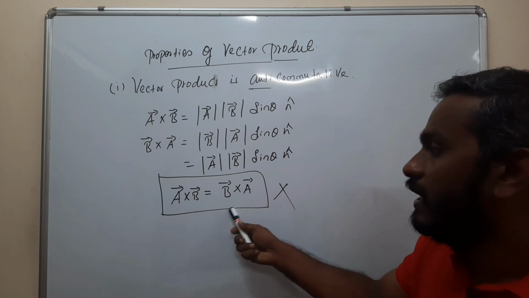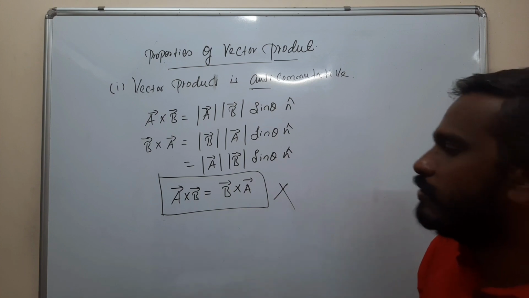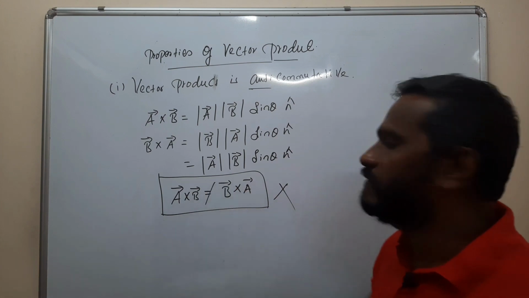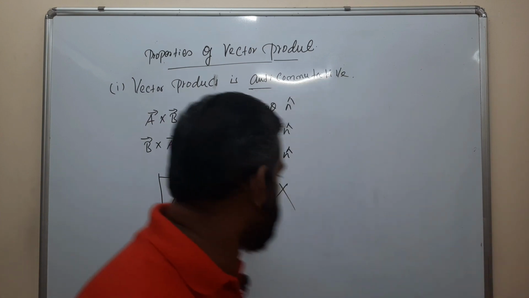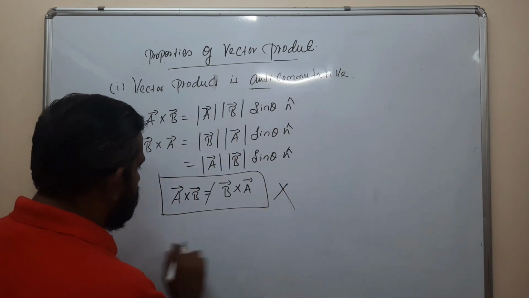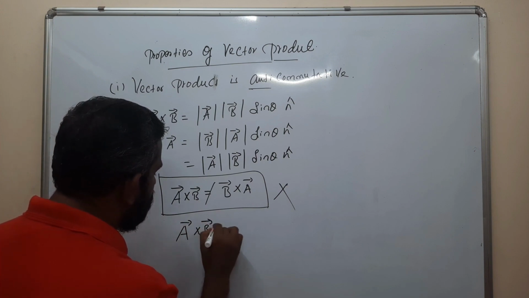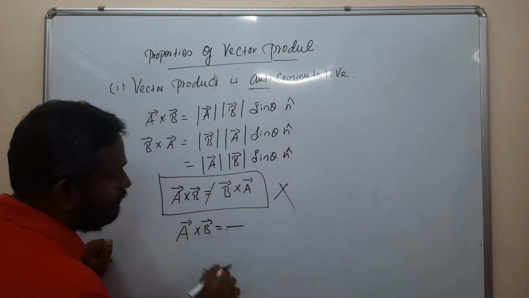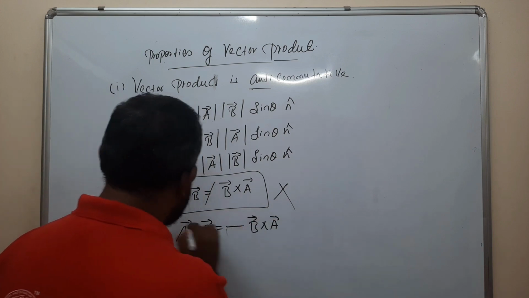So here A vector cross B vector is not equal to B vector cross A vector, because the magnitude is same but the direction is different. So we can say A vector cross B vector is equal to minus B vector cross A vector.